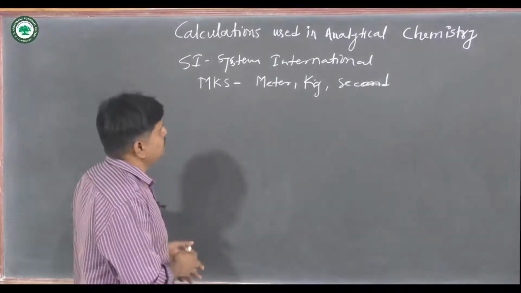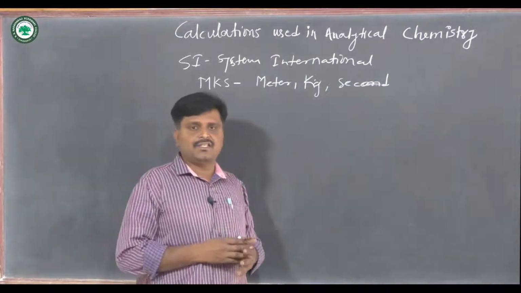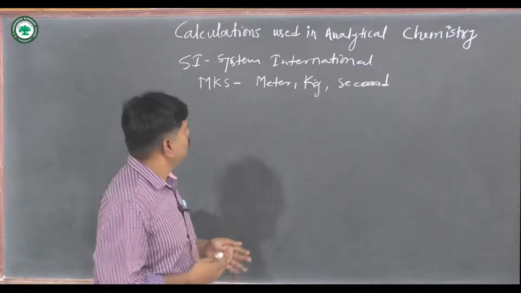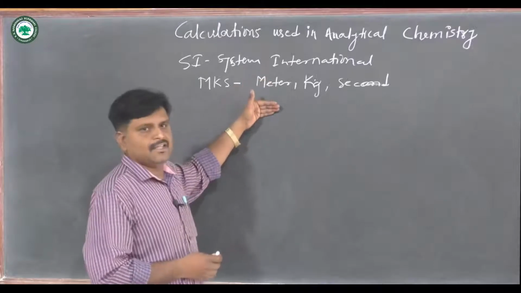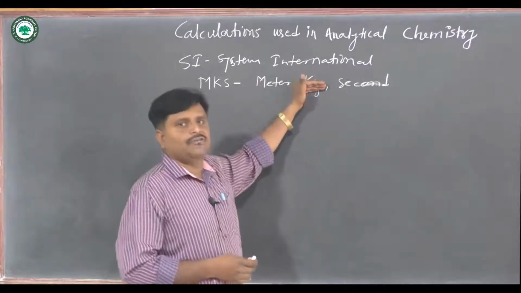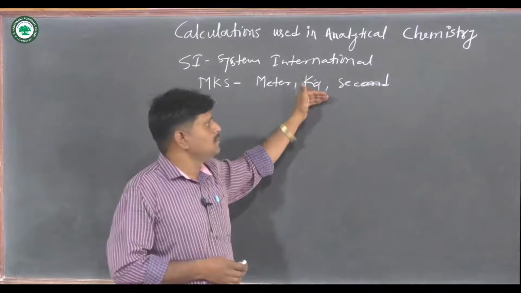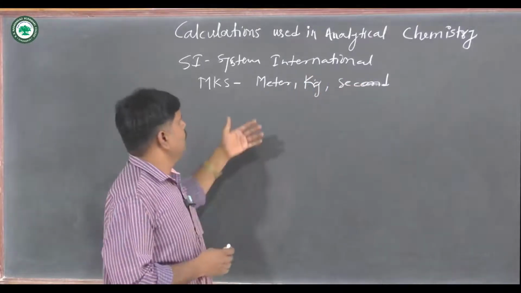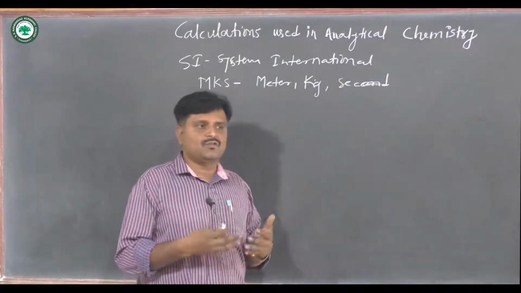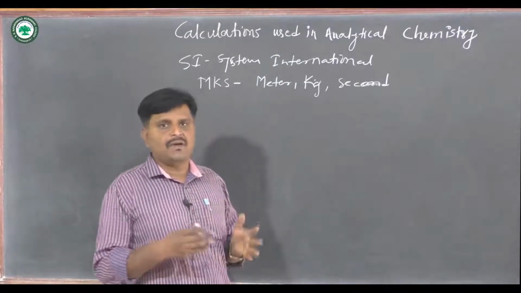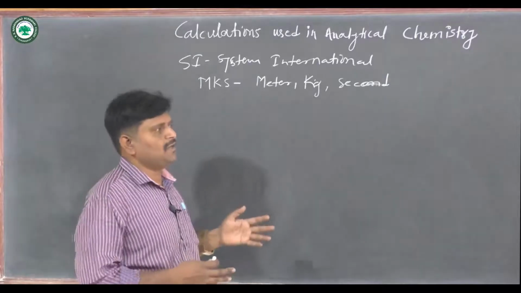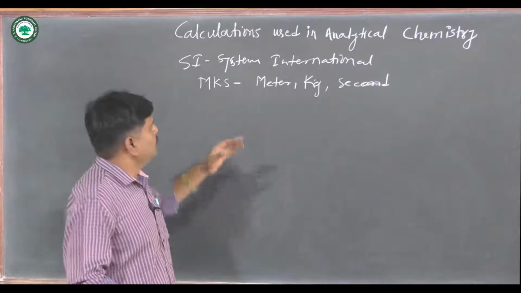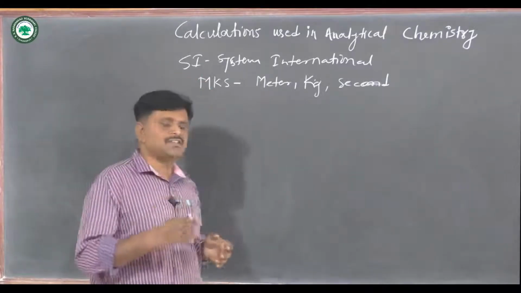Another system is CGS. CGS means centimeter, gram and second. The lower unit of meter is centimeter, the lower unit of kilogram is gram, and the second is taken as it is. That system is not famous worldwide, so we uniformly use System International, the SI system.